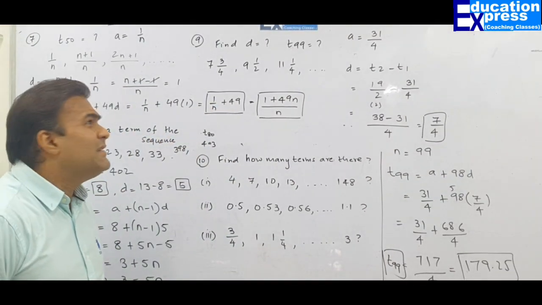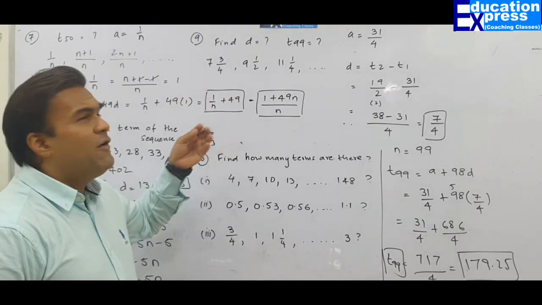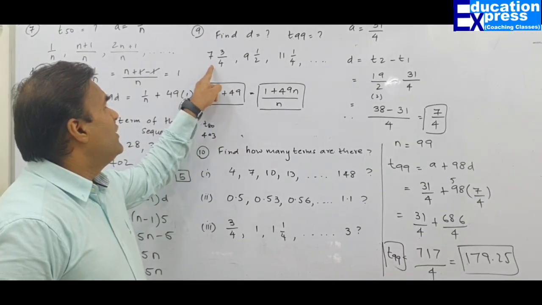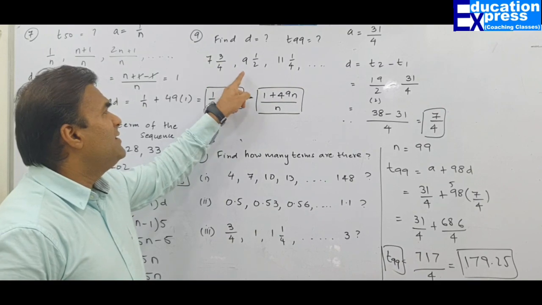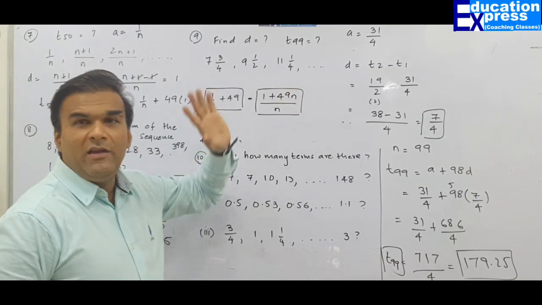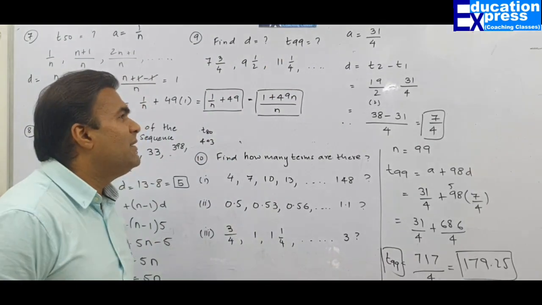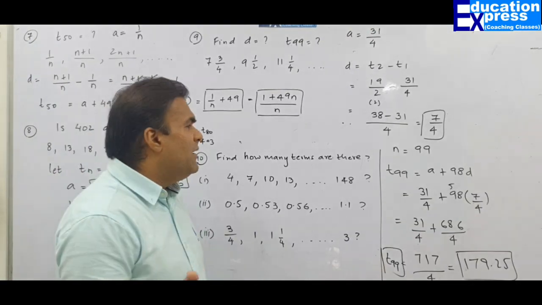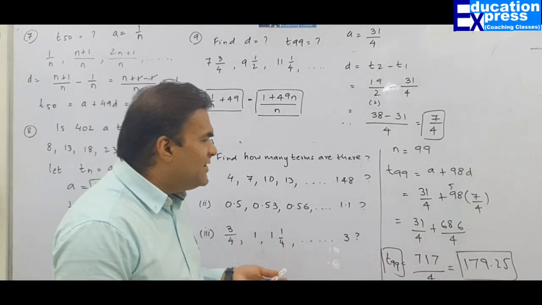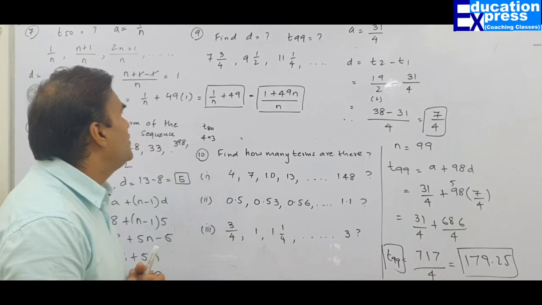This question was very simple because it is like a first question only. First term available, difference available, n available, all three parameters available. Since three parameters are available, we can find the entire series. We found the 99th term.